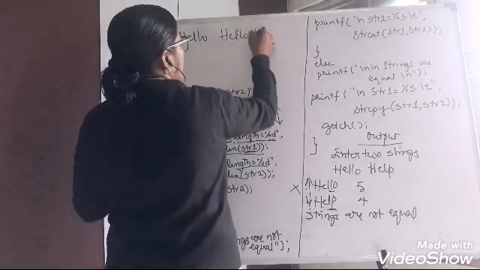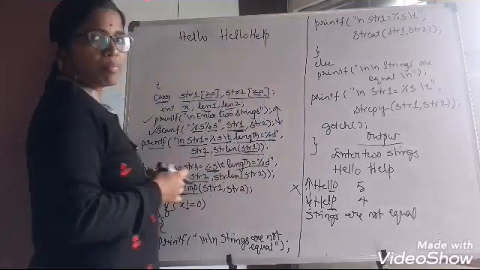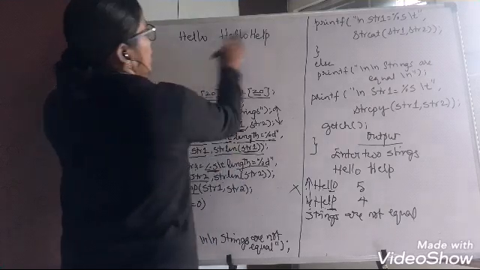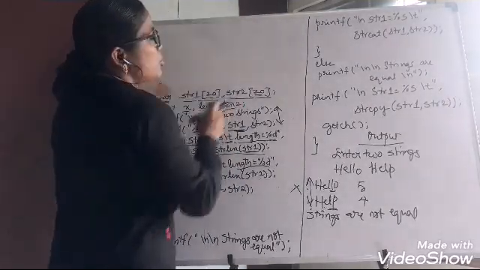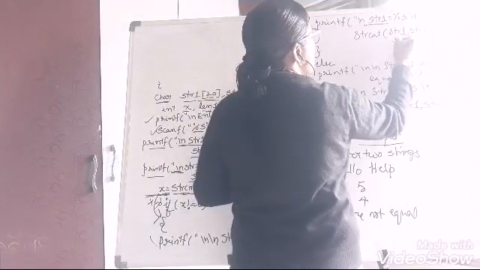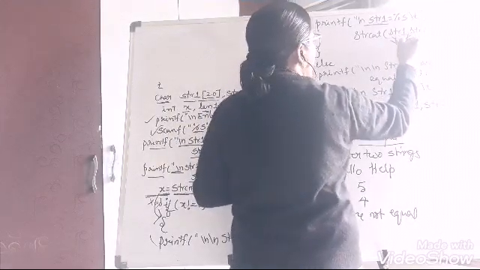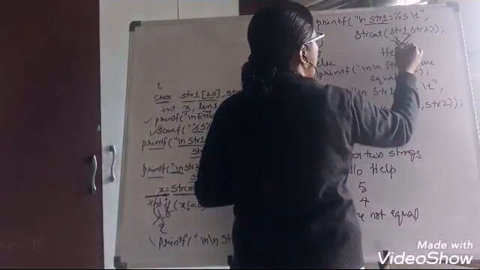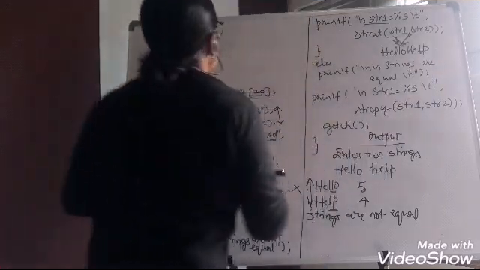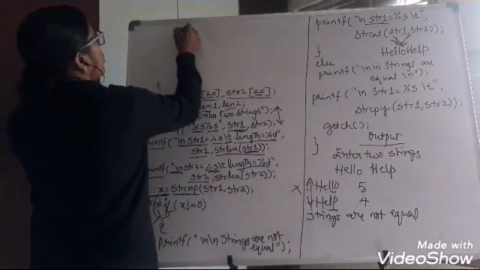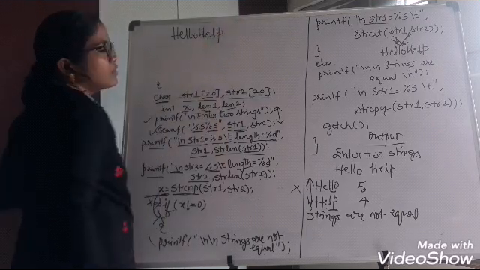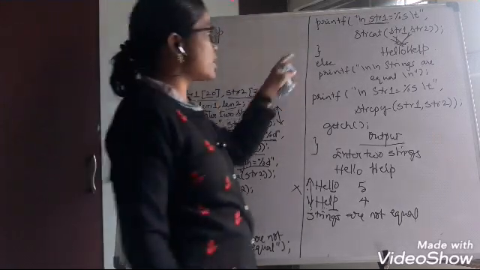Actually, only one thing is printed out: the combination, the concatenation of these two. So the result will be hello, help. It will print hello help. Done, the if part is done.